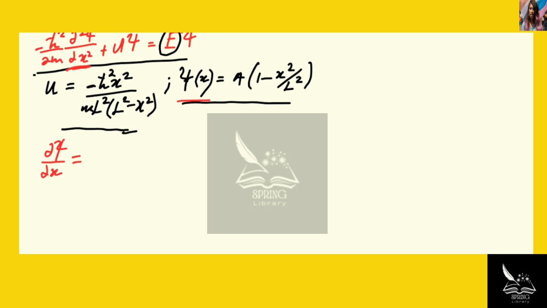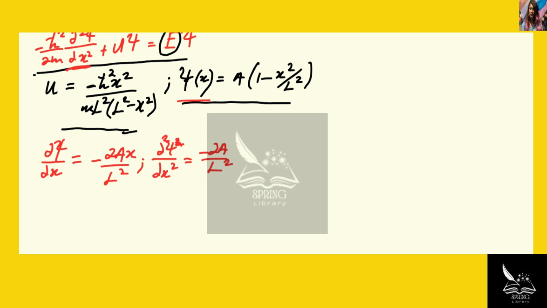So we differentiate our wave function once first, and then we differentiate it again. This is what we'll substitute into the Schrodinger's equation.